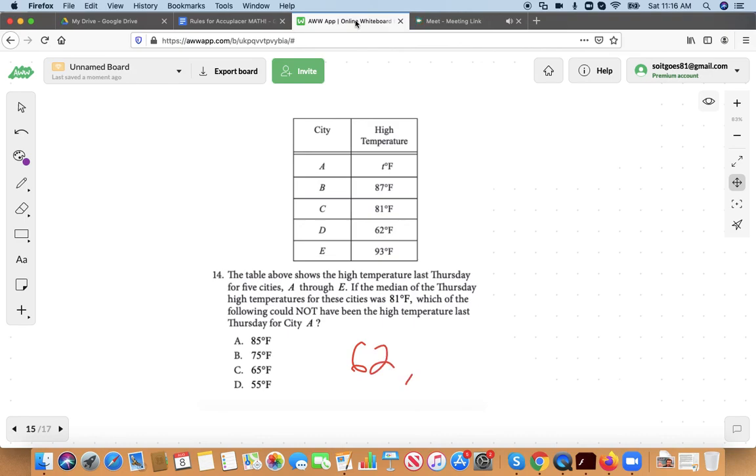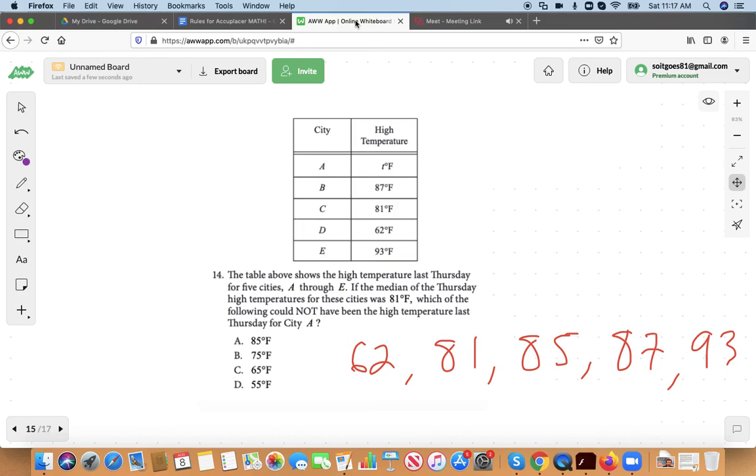And then what's the next? 81. 85, because we're testing. 87. And 93. So is the median here 81? No.